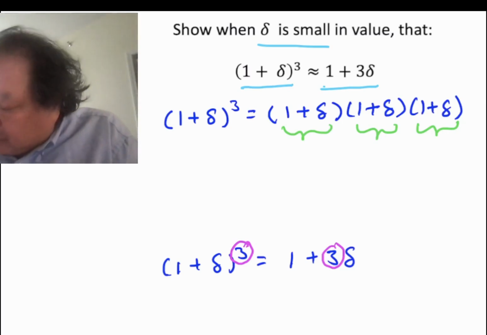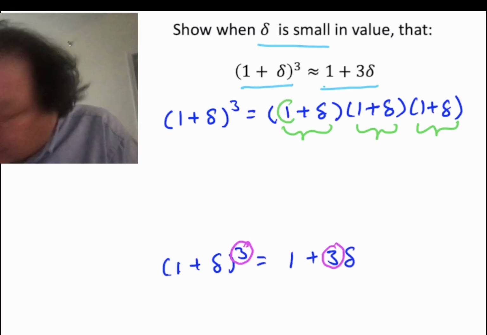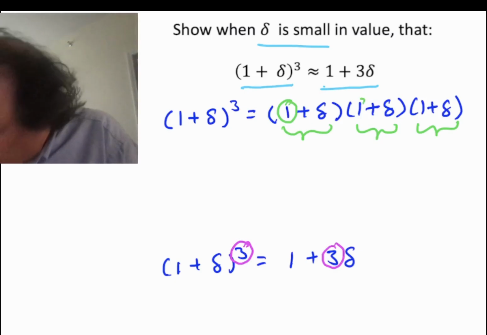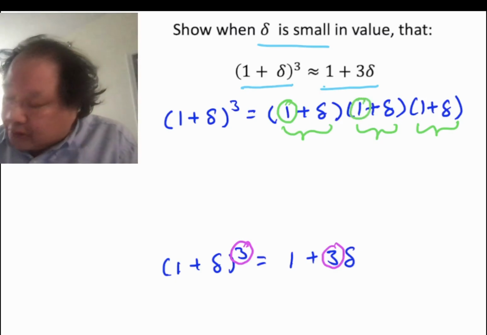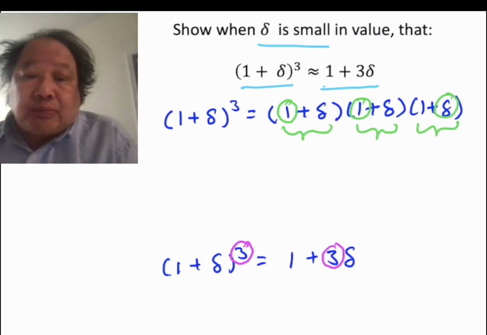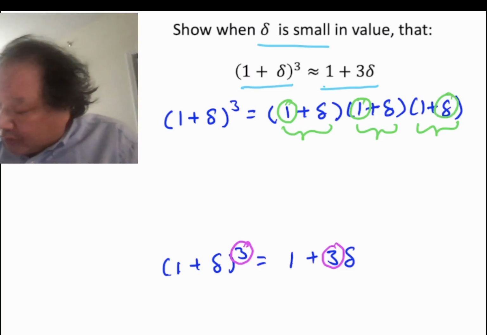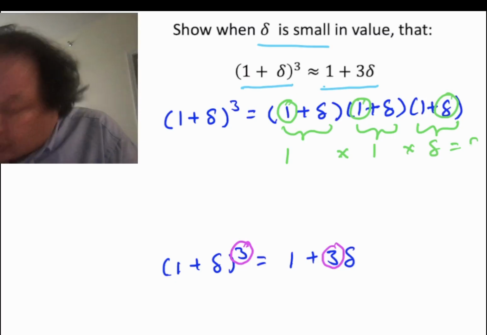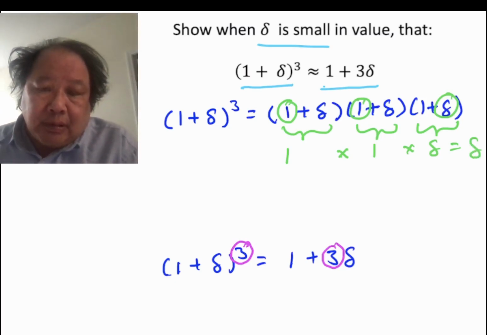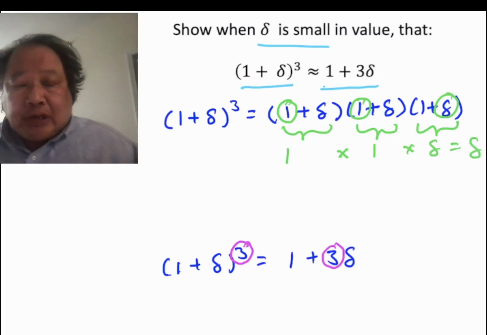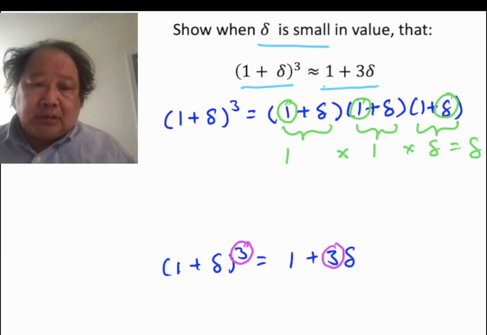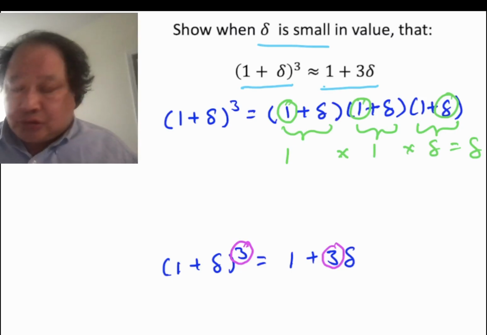For example, we could have chosen a 1 from the first (1 + delta), a 1 from the second (1 + delta), and a delta. This would be one of the terms contributing to the final answer, and that would end up with 1 times 1 times delta, which is delta. And so the question is, how many ways are there of choosing just a single delta in our choices?